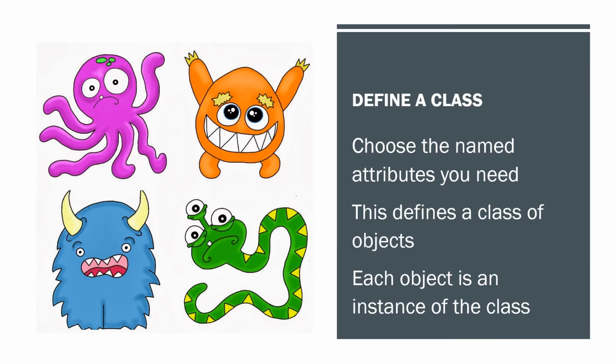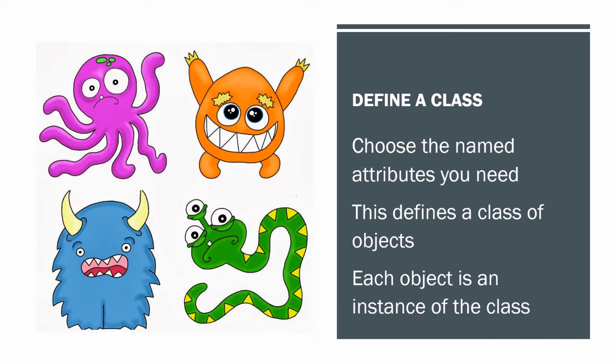But it gets even better than that, because we don't have to redefine the attributes every time we want to make a new object in our code. Because again, we're drawing on features of reality. In reality, or in the world of a game, objects don't just exist at random, but they typically are grouped into classes. So in our game, we might have a group of monsters, or if we were writing a program for a bank, there would be a large number of customers.